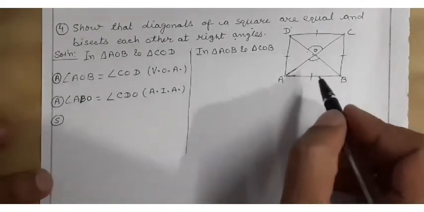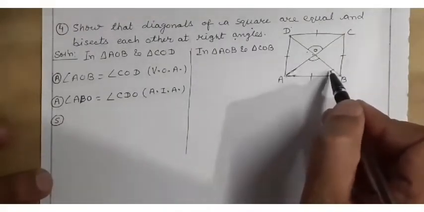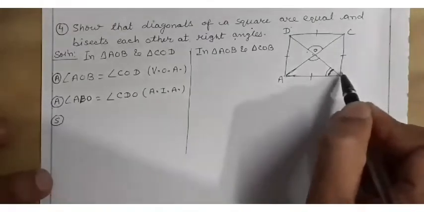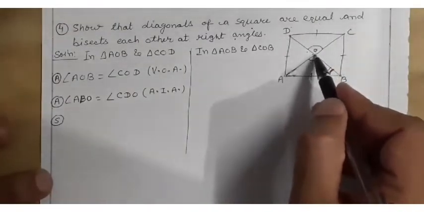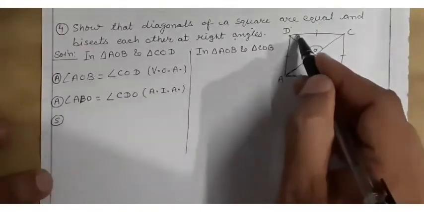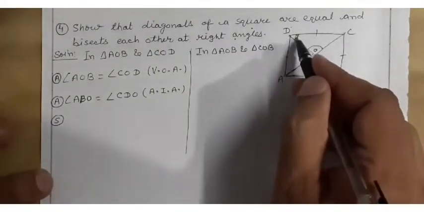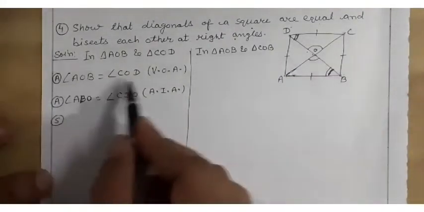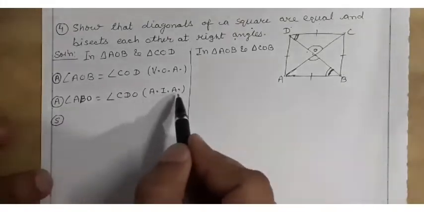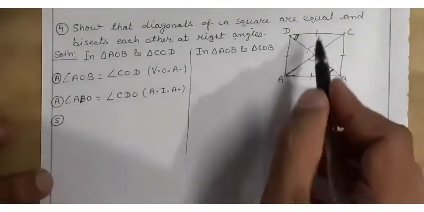And one more angle I am taking, angle ABO and angle CDO. This is an alternate interior angle. One is vertically opposite, the other is alternate interior, and the third, side, is common over here.